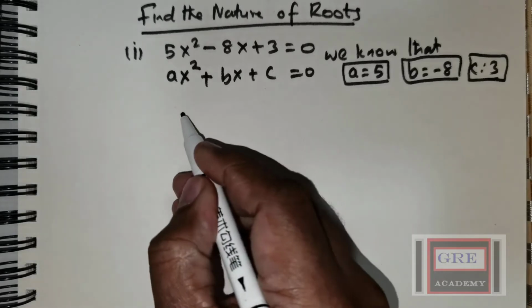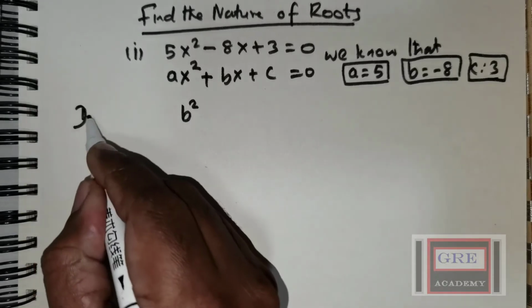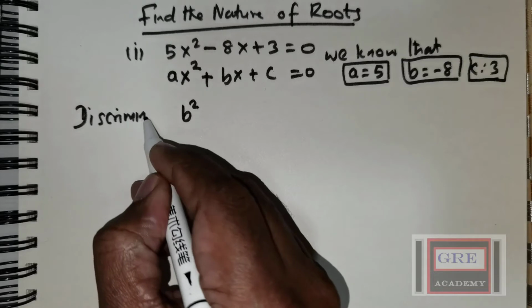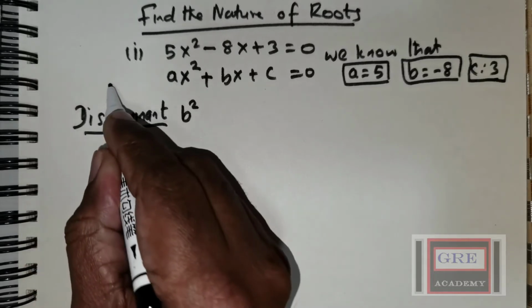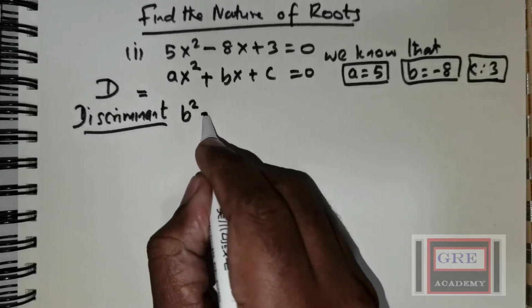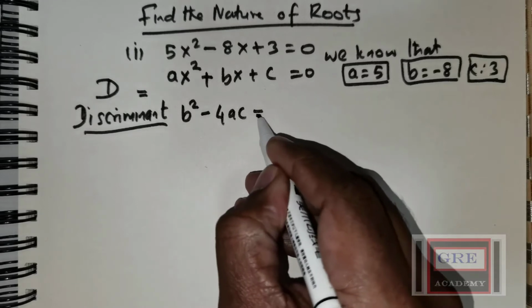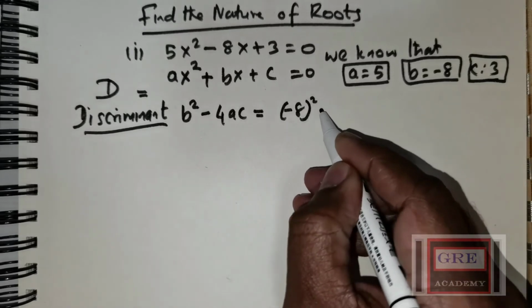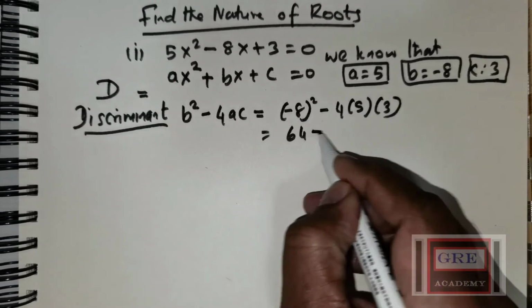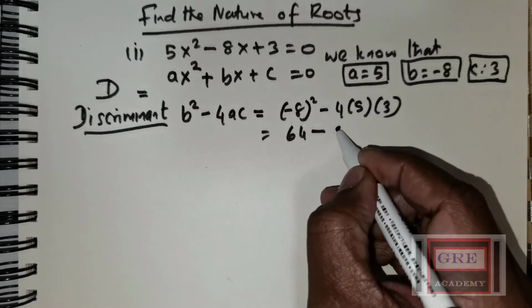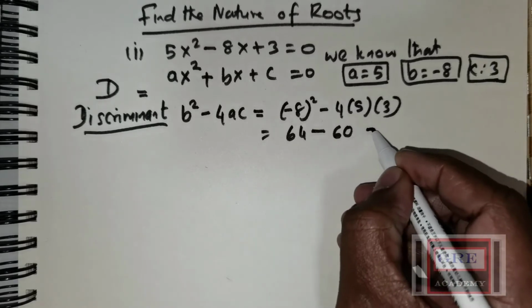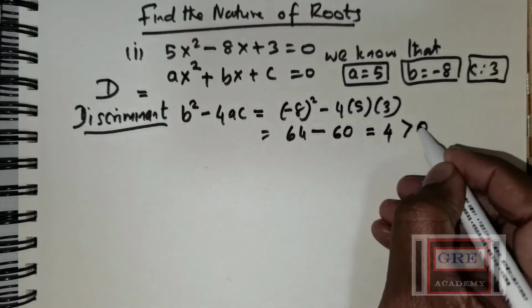Now we need to find the discriminant. You have to know the spelling for that, discriminant. Some books will just write it as d. The discriminant d is equal to b squared negative 4ac, which is equal to negative 8 squared, negative 4 times 5 times 3. 8 8s are 64. 4 times 5 is 20. 20 times 3 is 60. 64 negative 60 would give me 4, which is clearly greater than 0.